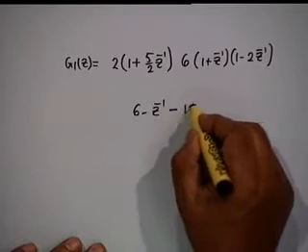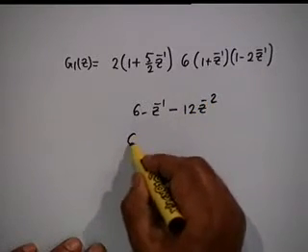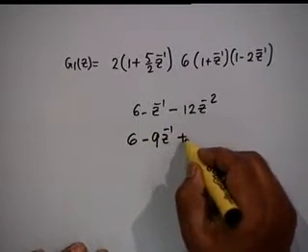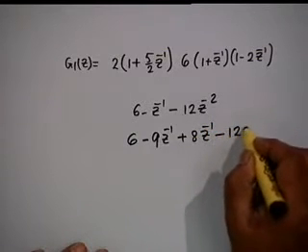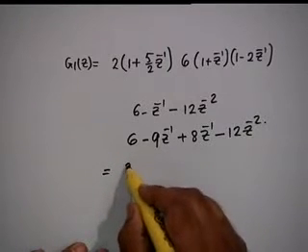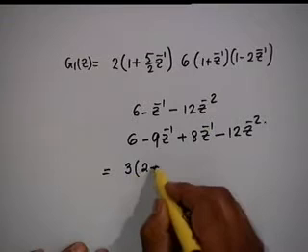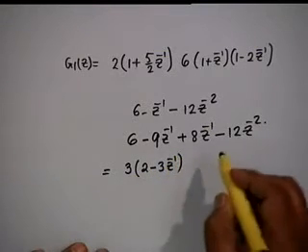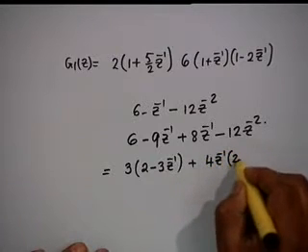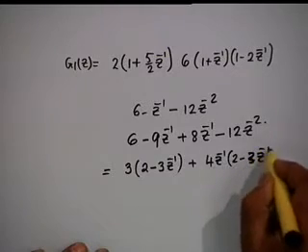Oh, I made a wrong factorization. The roots will be minus 4 by 3 and 3 by 2. Okay, let us see. 6 minus Z inverse minus 12 Z to the minus 2. What is the factor? 6 minus 9 Z inverse plus 8 Z inverse minus 12 Z to the minus 2. So this becomes 3 plus 4 Z inverse, 2 minus 3 Z inverse. I stand corrected.